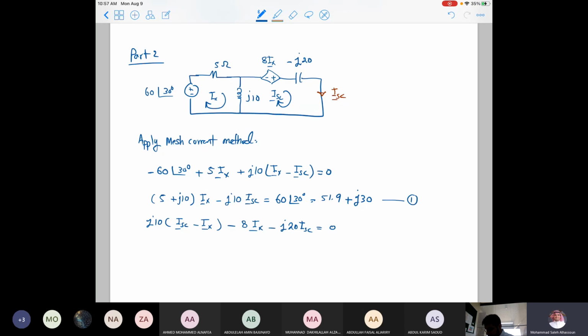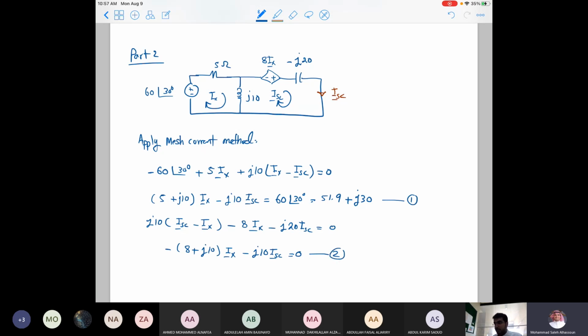If I simplify it, I will end up with two equations, two unknowns.